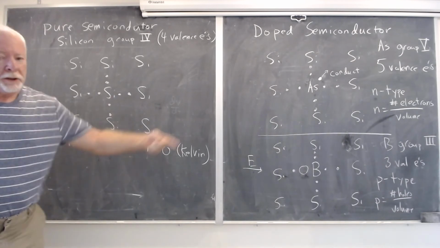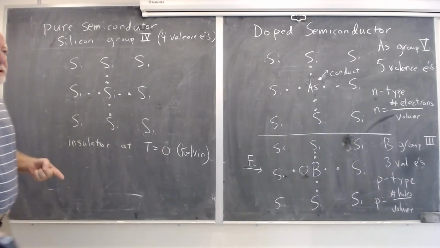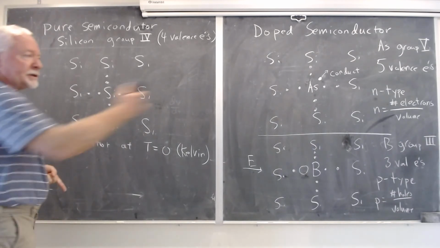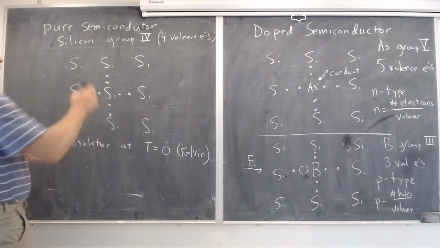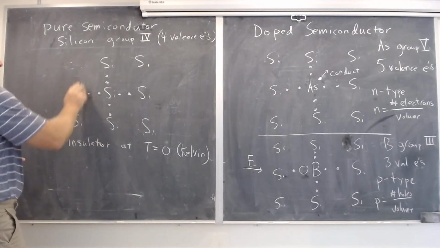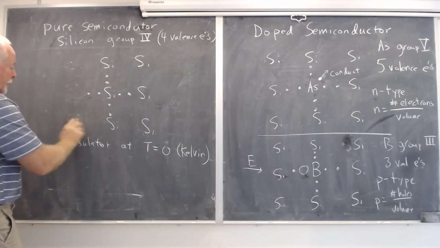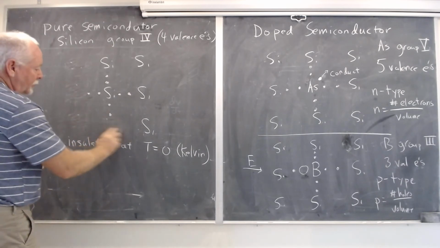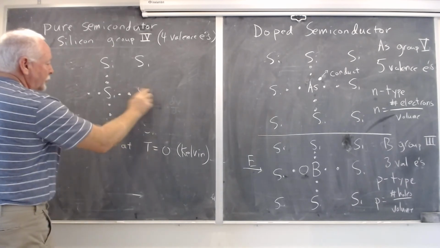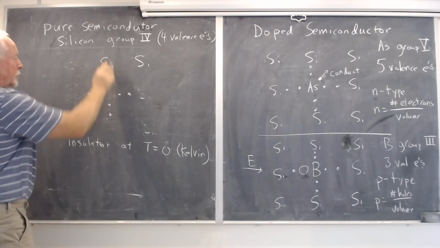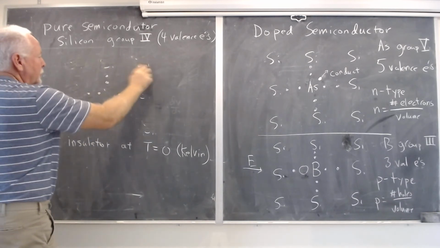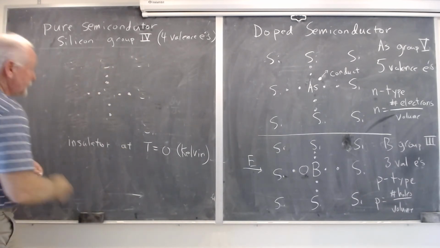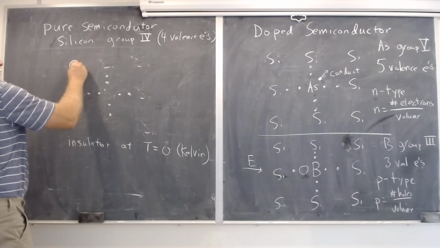You get the idea, it's the same idea. For any semiconductor I make up, I can cause it to be p-type or n-type. So let me make another semiconductor, and let me make it gallium arsenide.